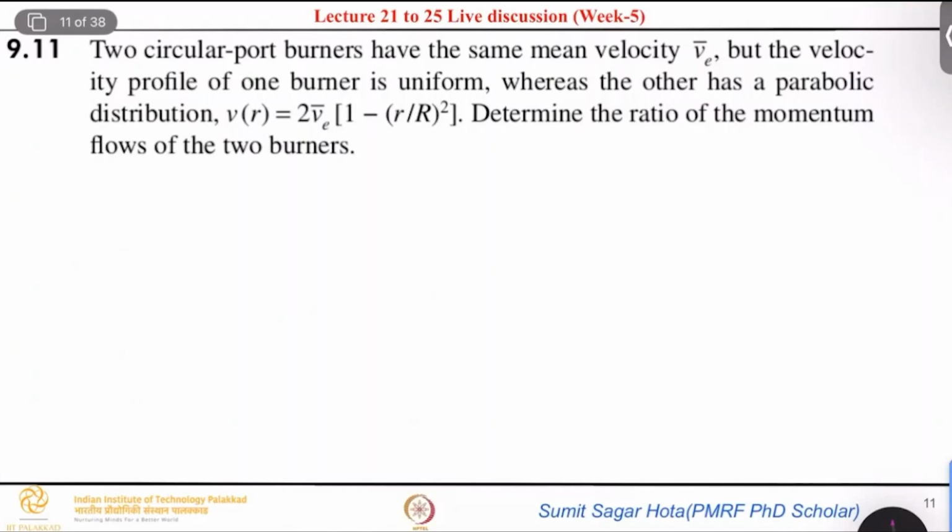Determine the ratio of the momentum flow of the two burners. Okay, this is the question.